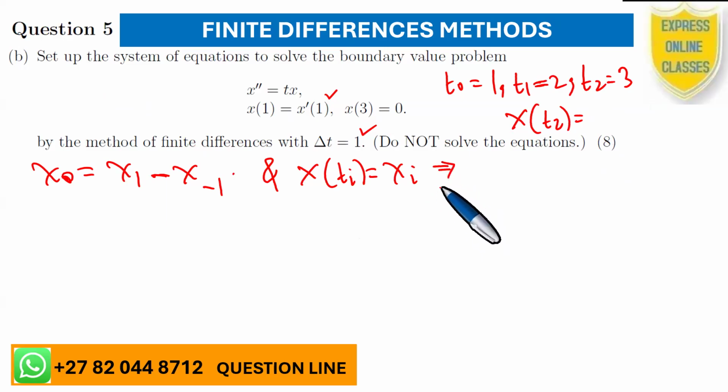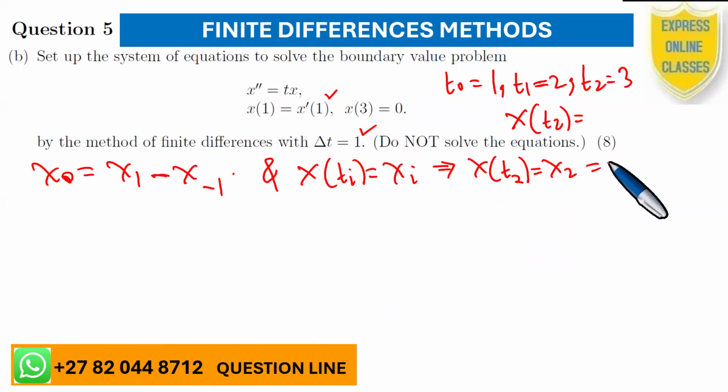So this would mean, therefore, x at t2 becomes x2, yeah?